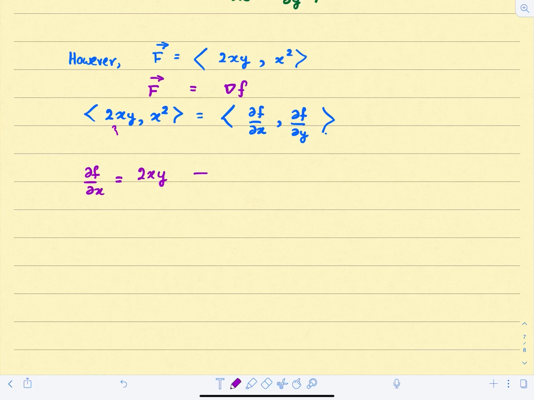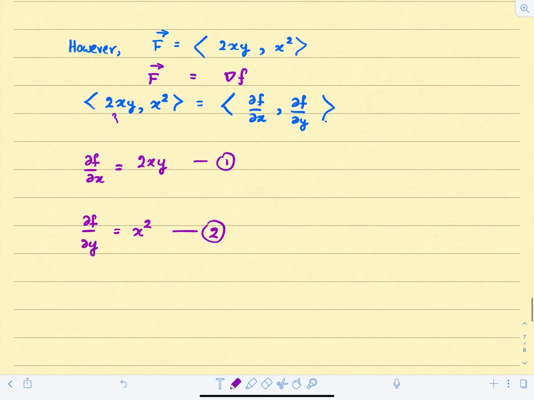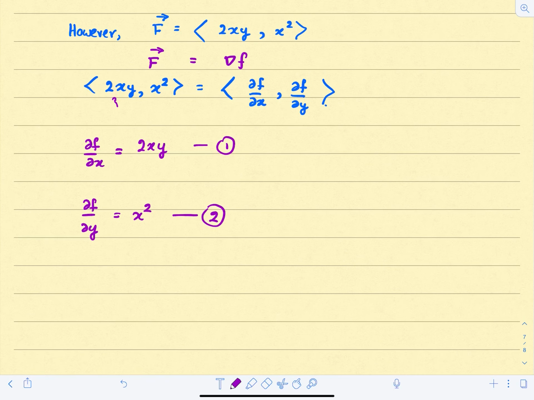Let's say this is our equation 1, and the second component of the right hand side, partial f over partial y, equals the second component of the left hand side, x squared. So now we have two equations. In these two equations we have the derivative of f with respect to the x variable and the derivative of f with respect to the y variable.